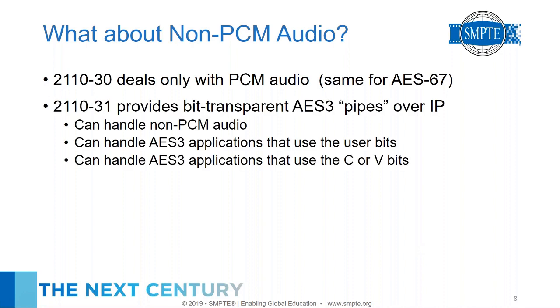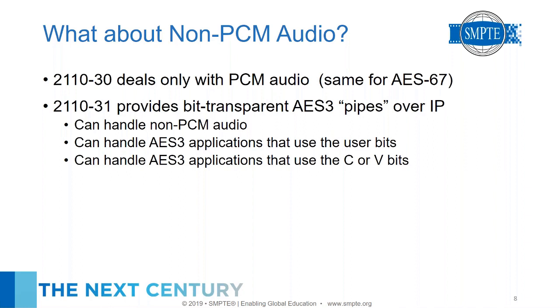So for non-PCM audio, we have a document, 2110-31, which provides a way to transparently send an AES3 pipe over an IP network. So it can handle all of the non-PCM audio cases that are mapped into AES3, but it can also handle AES3 applications that use the user bits or the C bits or the V bits in some novel way.